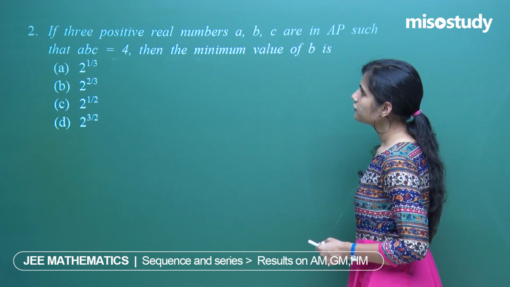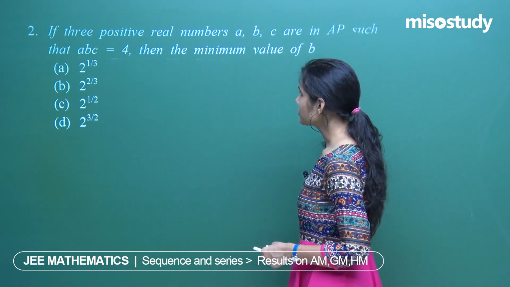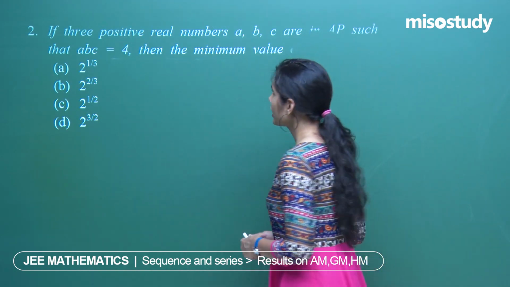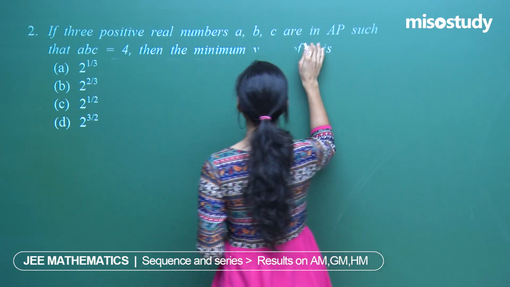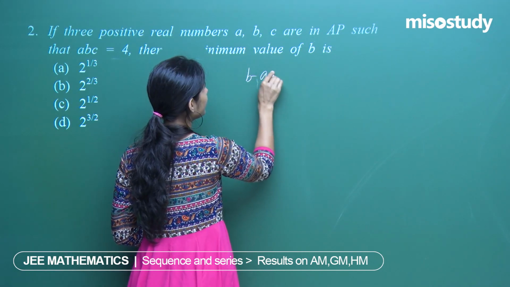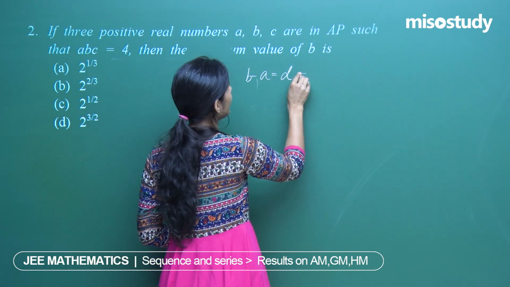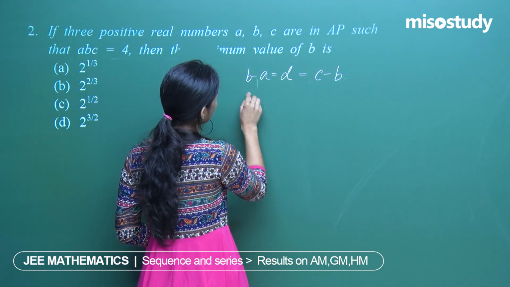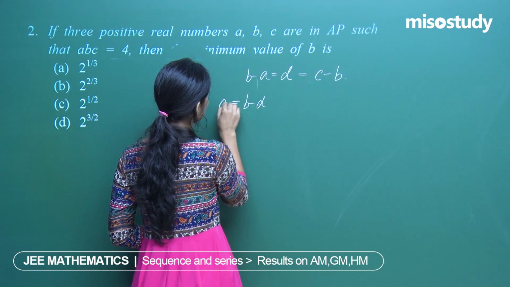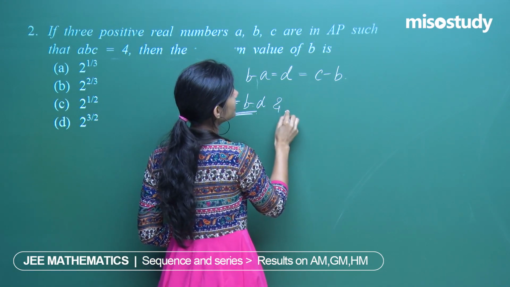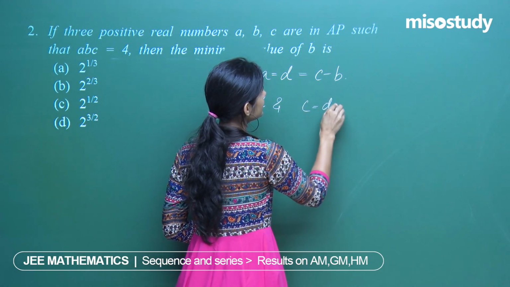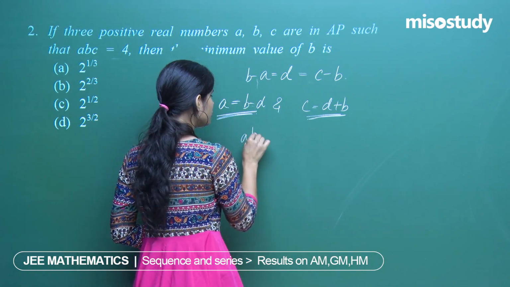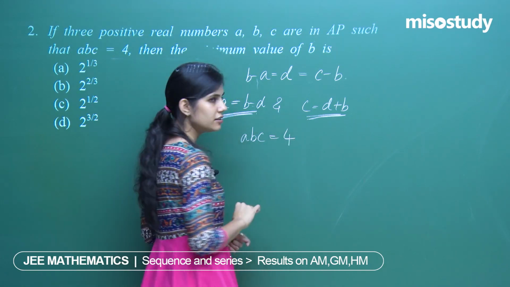The second question says that if three positive real numbers are in AP such that their product is 4, then what is the minimum value of B? Okay, so if A, B, C are in AP, that means B minus A is the common difference D, and that is the same as C minus B. This means that A is B minus D, and C is B plus D. Now A into B into C is given as 4.